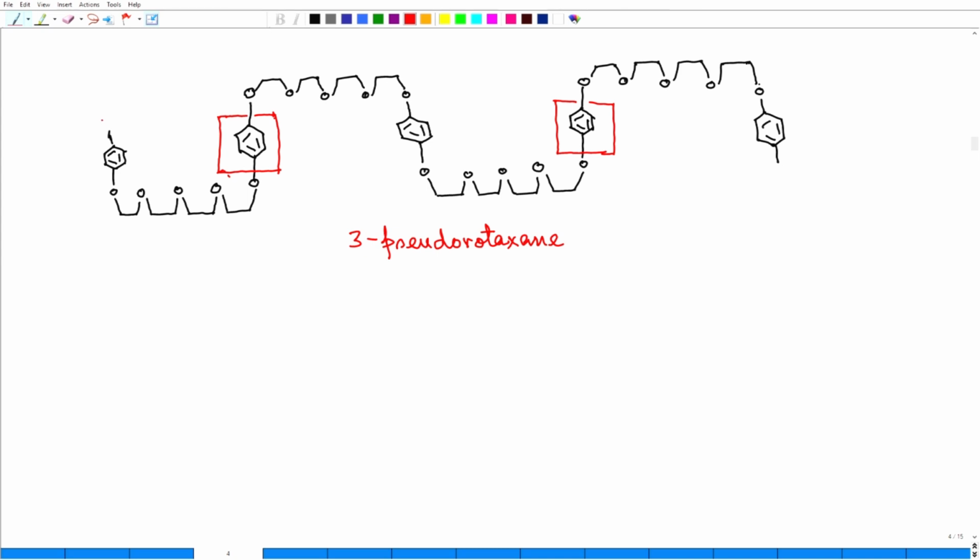I can get a rotaxane. A stopper is used when you want it to be difficult for something to come out, then we always do like this. Stopper here.